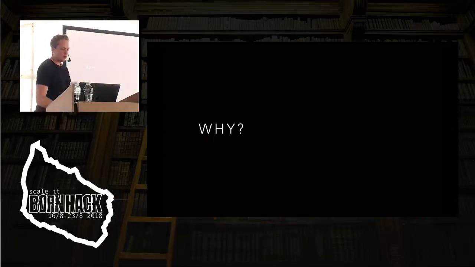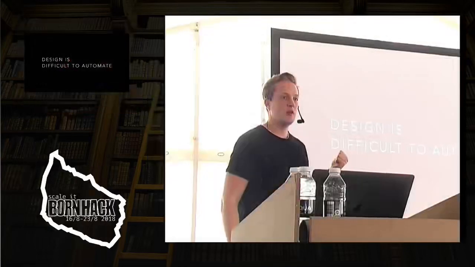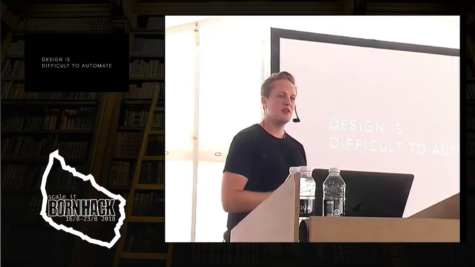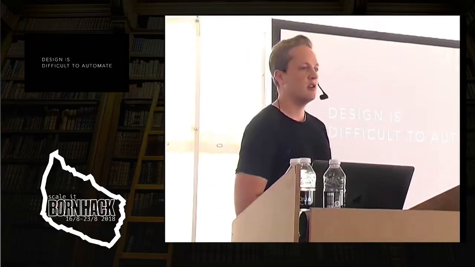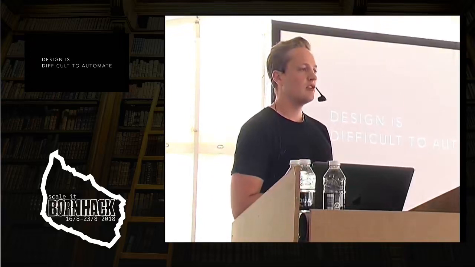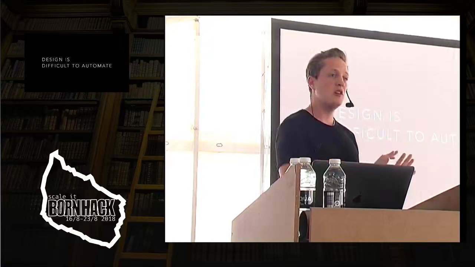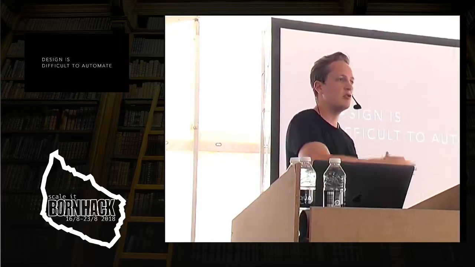So, yeah, the reason why, I think, is that it's super difficult to automate what you just saw before. It is not impossible, as I'm going to show you, but it's very difficult to actually automate this, because when you just look at it, it doesn't really look like there are any rules. It just looks like a person doing it as they go along.